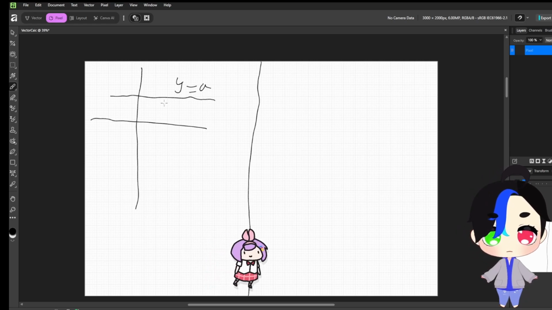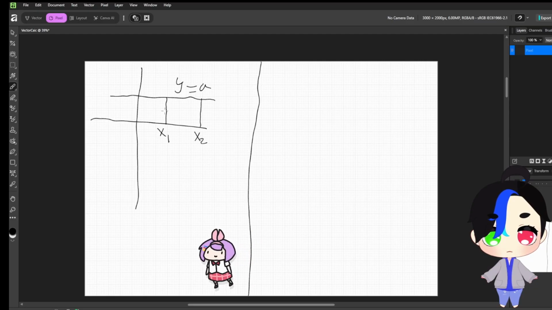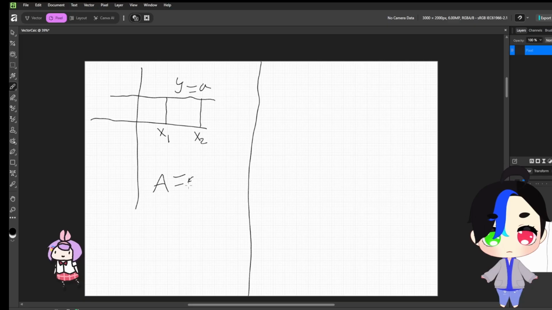And you wanted to find the area between this function and two values x1 and x2. Well, this is a rectangle, height of which is a, length is the difference between x2 and x1. So that area is a times x2 minus x1.